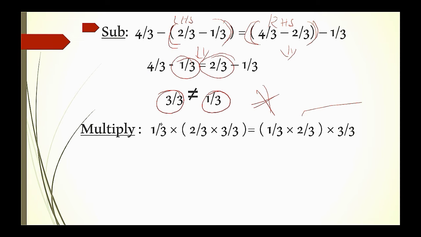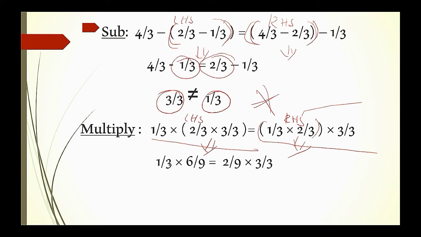Next, multiplication. This is LHS and this is RHS. In LHS, the bracket moves to the right side. In RHS, the bracket moves to the left side. 1 by 3 into 2 by 3 into 3 by 3. According to the BODMAS rule, we should first solve the brackets.